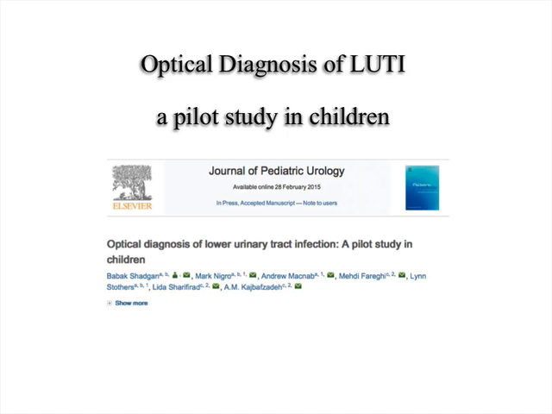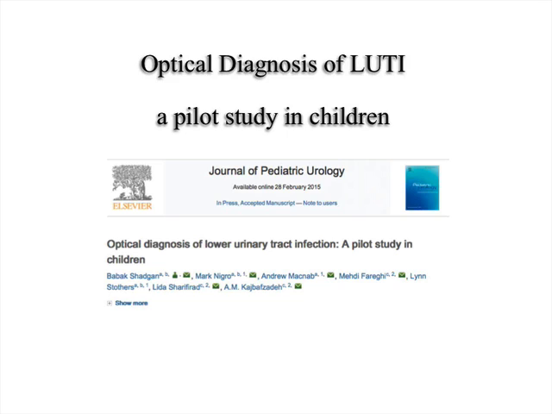But today I want to focus on our new concept, how to use near-infrared spectroscopy, as I discussed, for diagnosis of UTI, or at least screening of UTI in children. We started with children, and our target is to go after people with spinal cord injury. I will tell you why.